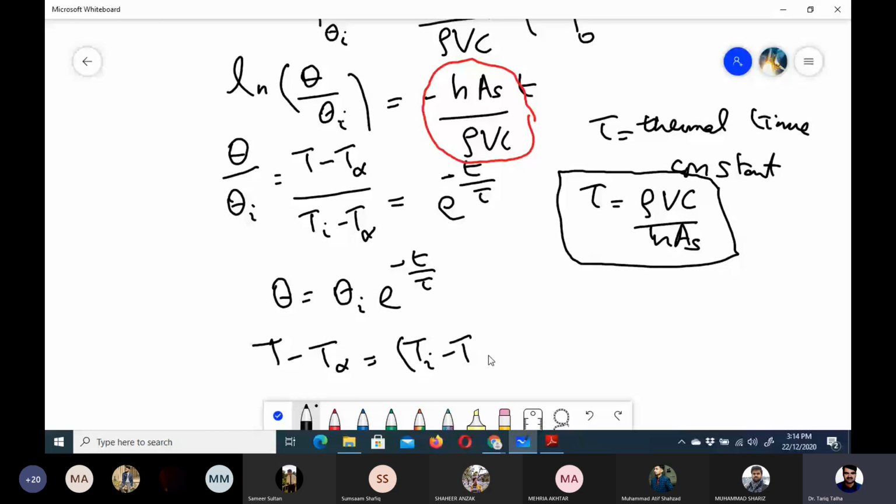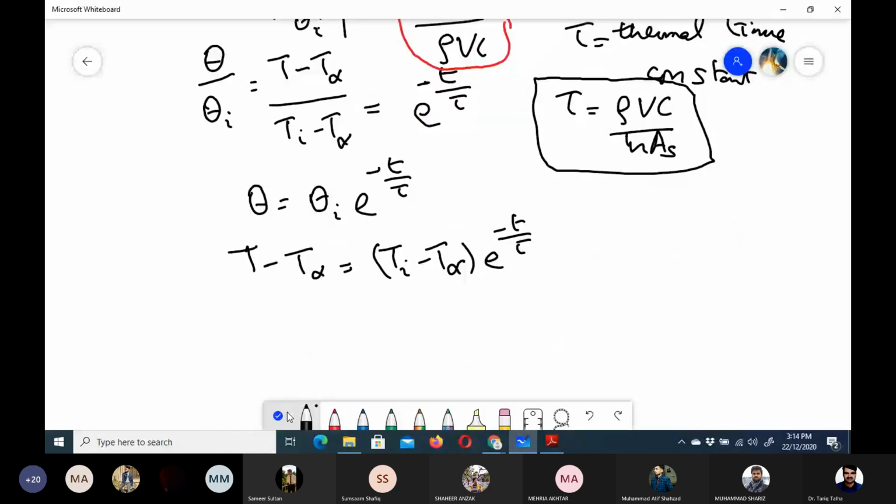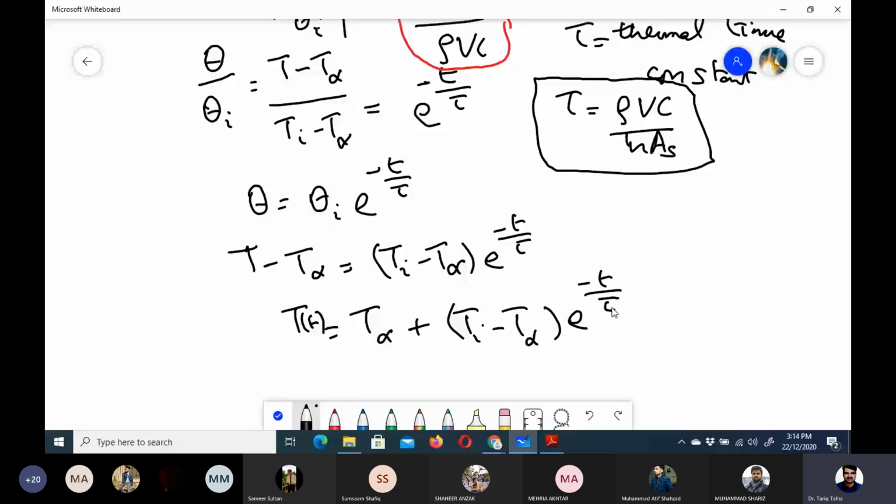So if we want to calculate the temperature of this object after some time t, then T, which is of course a function of time, would be equal to T infinity plus T I minus T infinity e to power minus t upon tau.